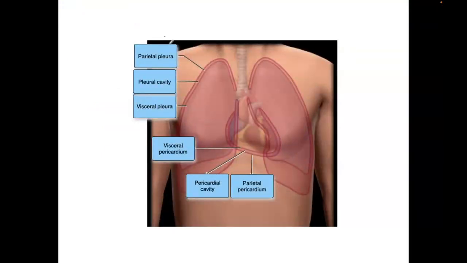So we have the lungs and we have the heart. When we talk about the heart, it's always pericardium. When we talk about the lungs, it's pleura.